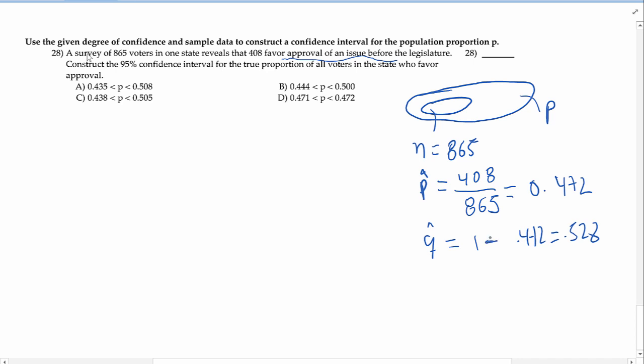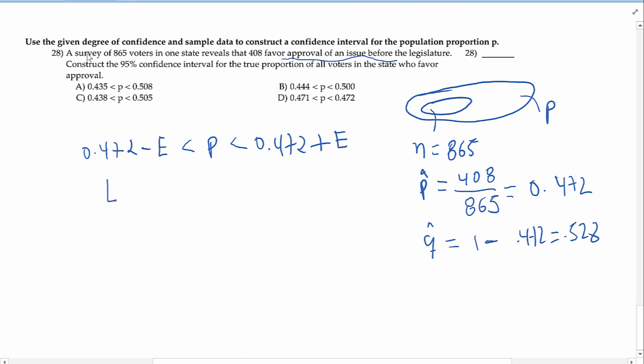So the way that we estimate the proportion of the population, instead of saying that it's probably similar to the proportion in the sample, which is a point estimator, is we build an interval. That interval is just taking the proportion in the sample, which is 0.472, subtracting this magic number called the margin of error, and adding the margin of error.